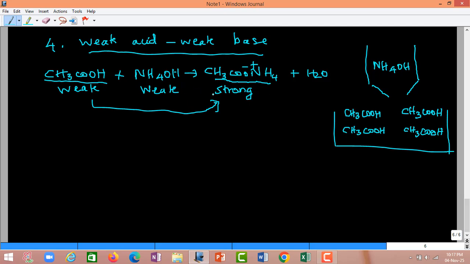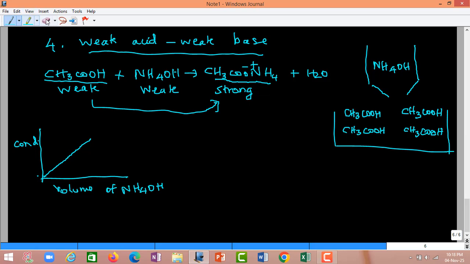conductance increases. We take the conductance in the y-axis, volume of ammonium hydroxide in the x-axis, and when you add ammonium hydroxide to acetic acid, it is converted to ammonium acetate, which is strong. Acetic acid undergoes partial dissociation, whereas ammonium acetate undergoes complete dissociation, and so there will be an increase in number of ions, and so there will be an increase in conductance.